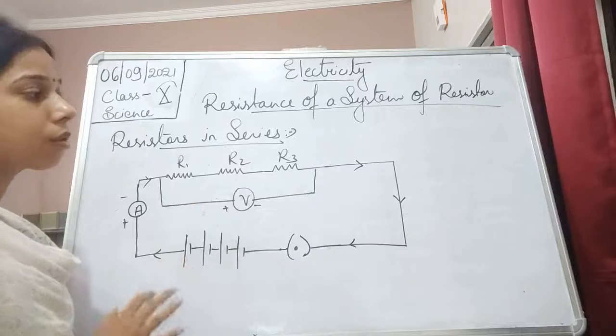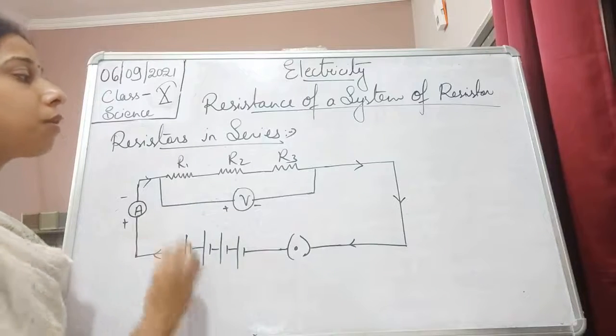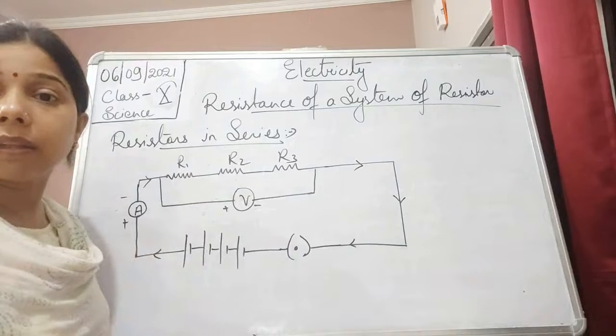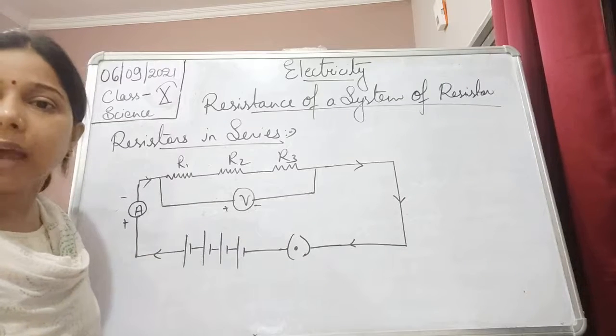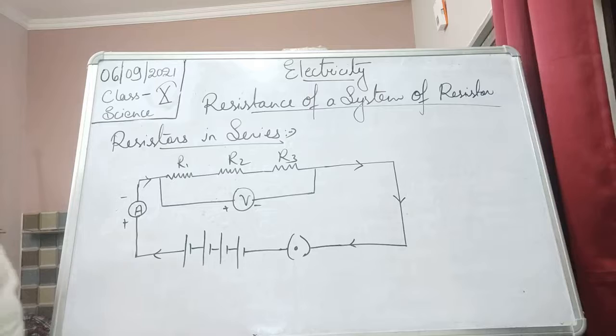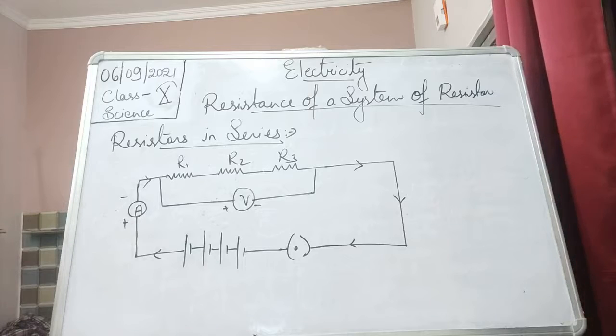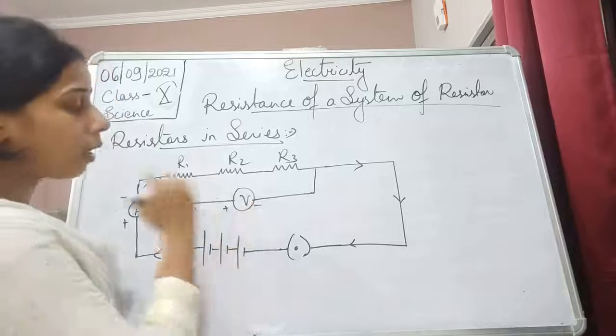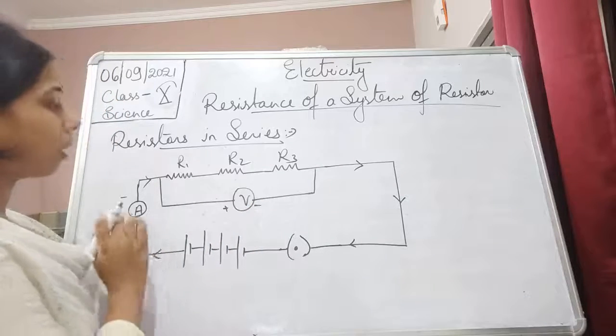So in an electric circuit, if we take three resistors and join them together, they are in series. Let us see what happens when the resistors are in series. Now we have taken a voltmeter as well as an ammeter.